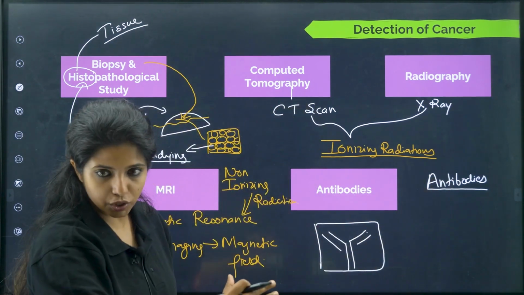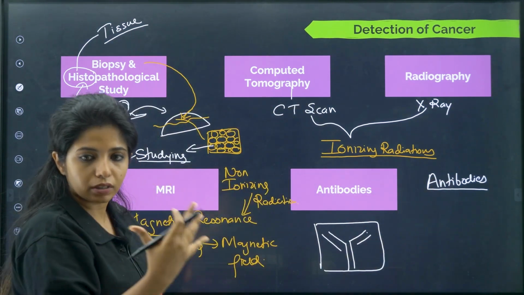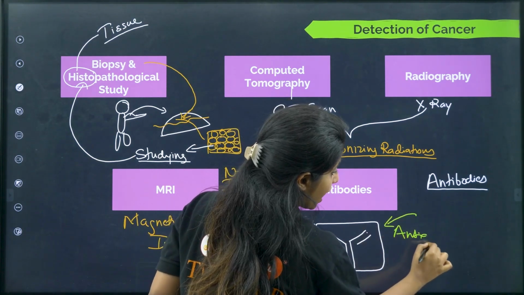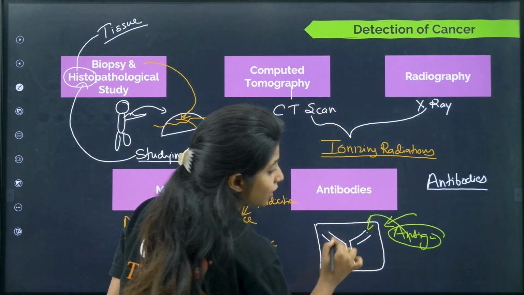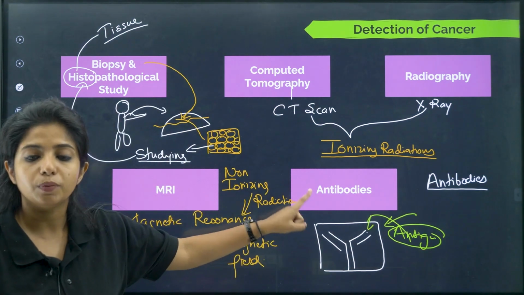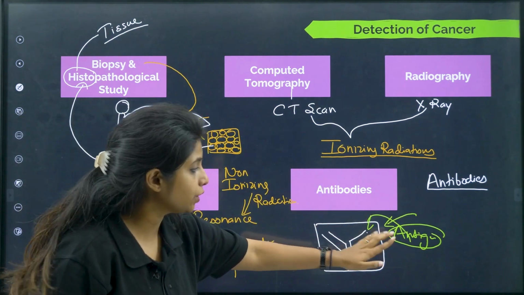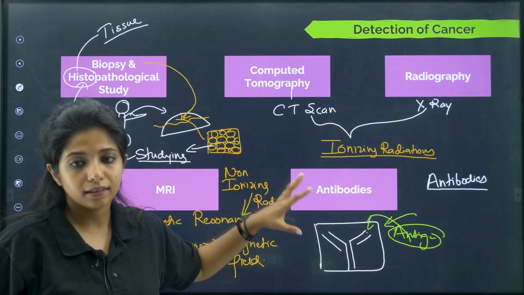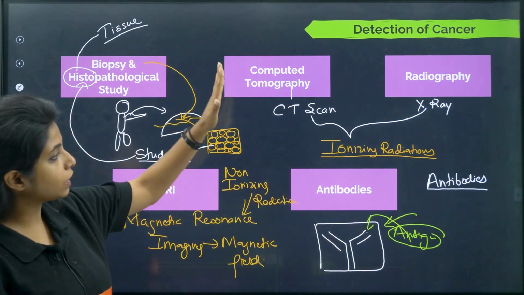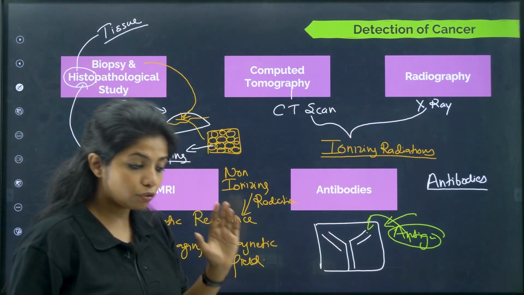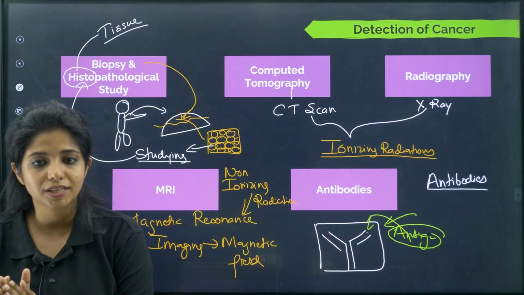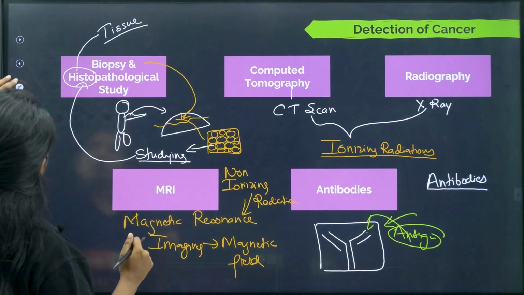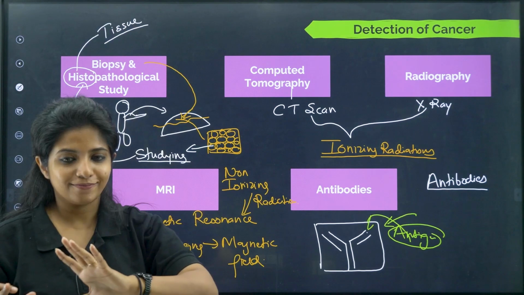If the person who is a suspect of having cancer, that person's cells are given and I am checking for antigen, and if that antigen is specifically binding to this antibody, that means this particular person has cancer. If the antigen is not binding to the antibody, there is no cancer. So these are the 5 different ways which will help to detect whether a person has cancer or not. I hope you will be able to write it as well.